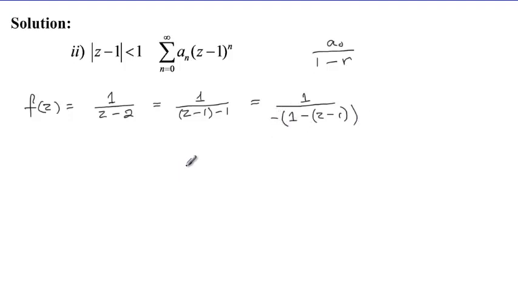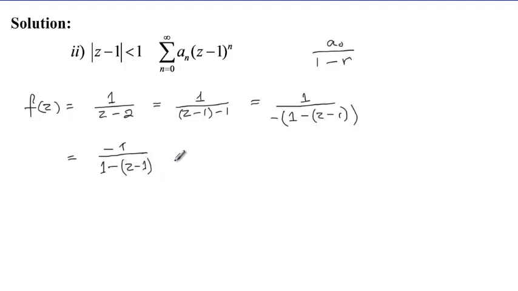and then we can write our minus 1 outside the brackets, which you can write nicely as minus 1 over 1 minus z minus 1. I hope everybody can see that this expression is equivalent to what we have at the beginning.